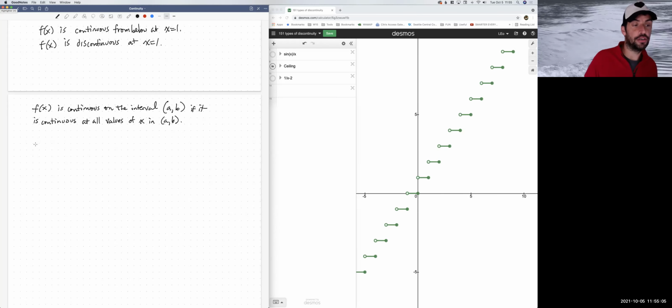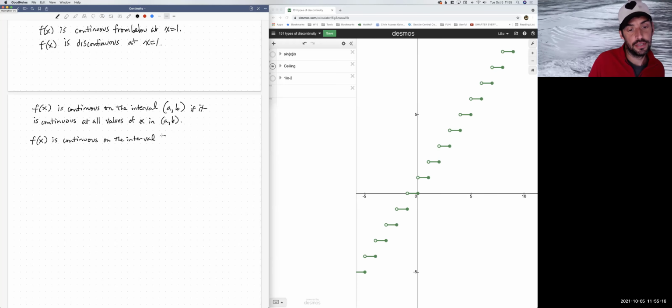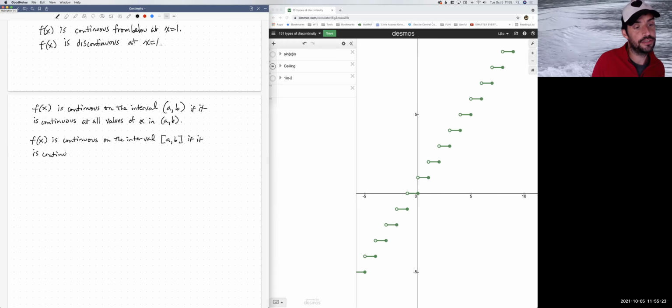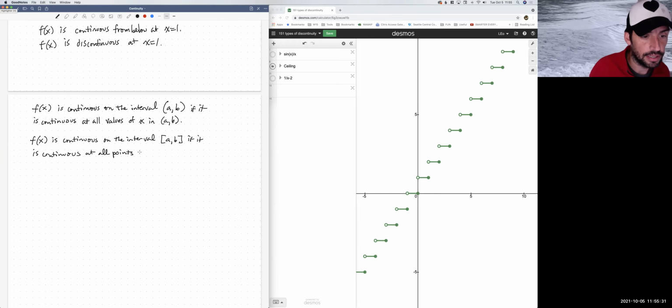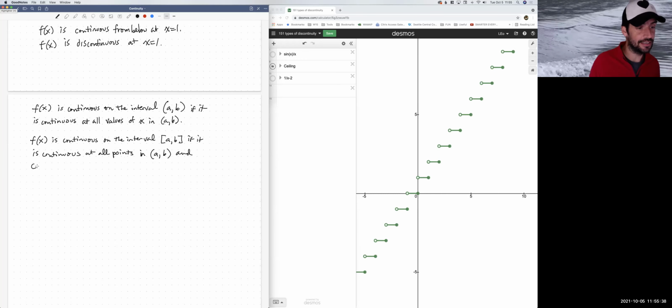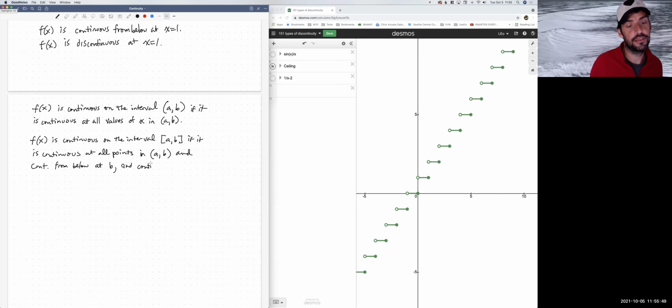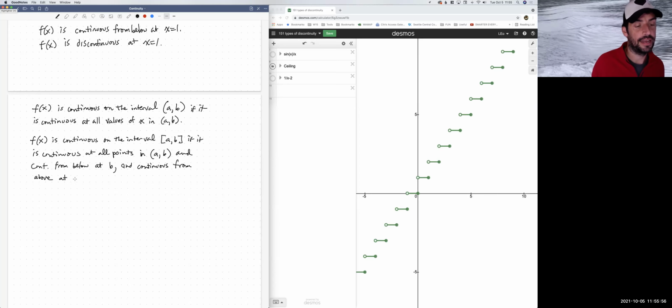We'll also sometimes talk about closed intervals. So I might say f of x is continuous on the interval [a, b] if it is continuous at all points, or all values of x, in the open interval (a, b), and continuous from below at b and continuous from above at a.